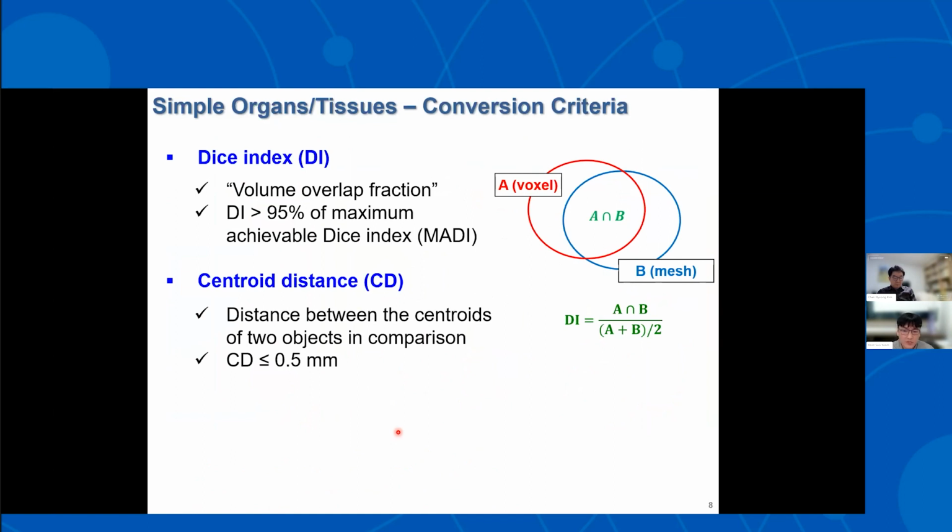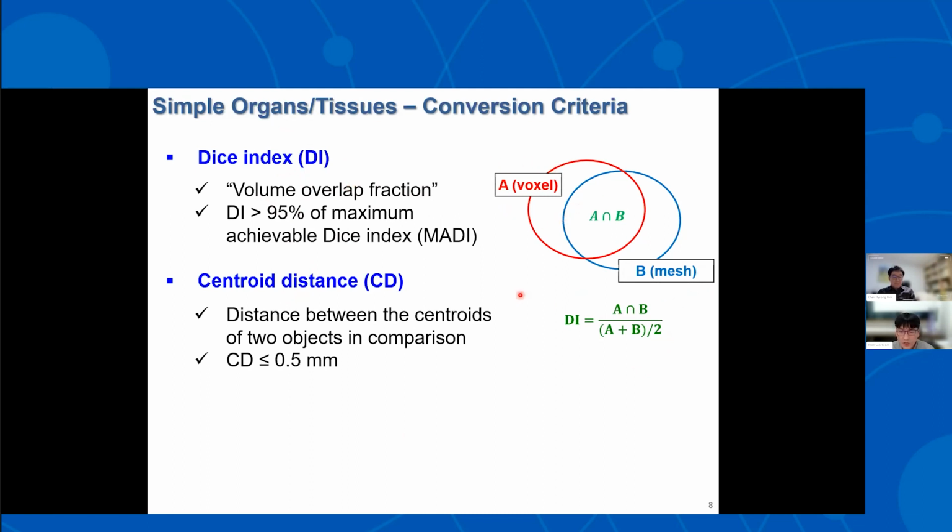During the conversion process, to keep the original shape of the voxel model as much as possible, we monitored two parameters that can mathematically indicate how two objects are geometrically similar. So the first parameter is called the Dice index, which can be calculated using this equation. This eventually indicates the volume overlap fraction between the voxel and mesh model.